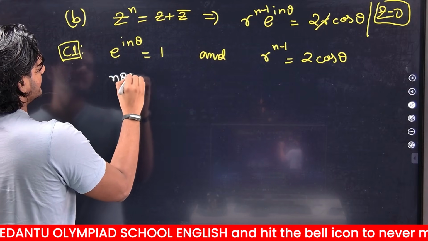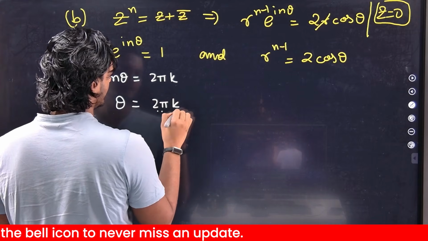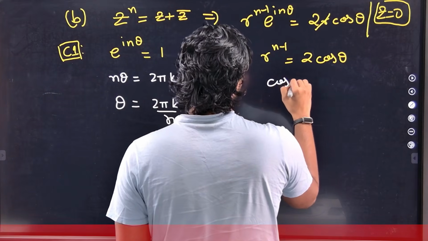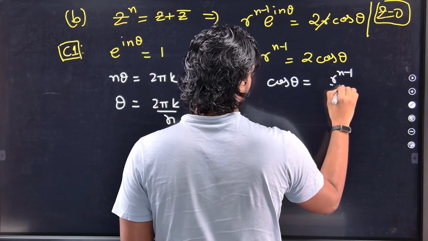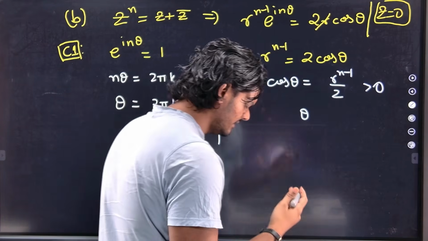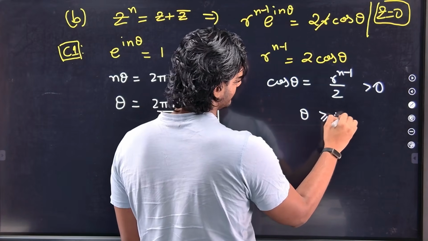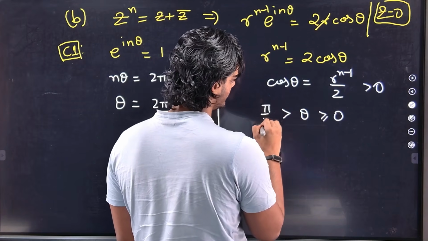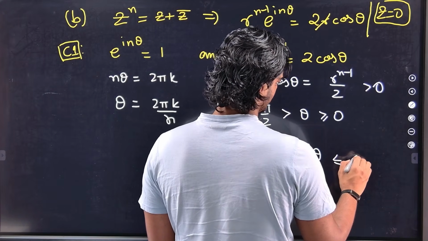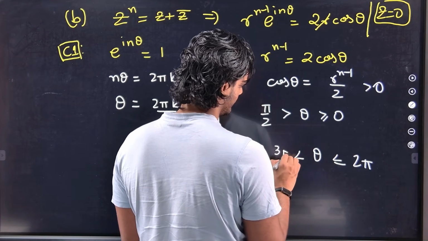So what do I do here? Obviously, n theta has to be 2 pi k. So theta is equal to 2 pi k by n, and cos theta is r power n minus 1 by 2, which is positive. So theta has to be either greater than or equal to 0 and less than pi by 2, or theta has to be less than or equal to 2 pi and strictly greater than 3 pi by 2.